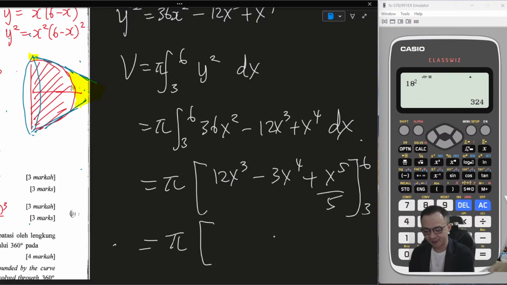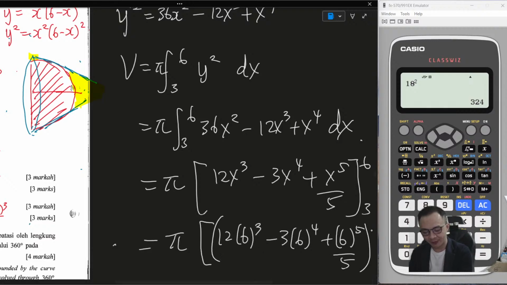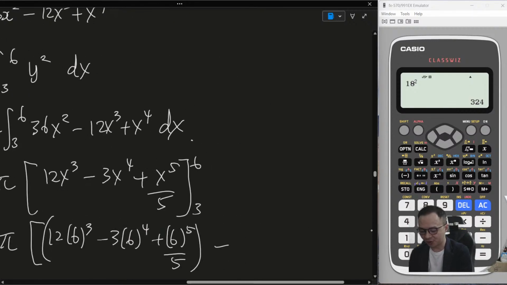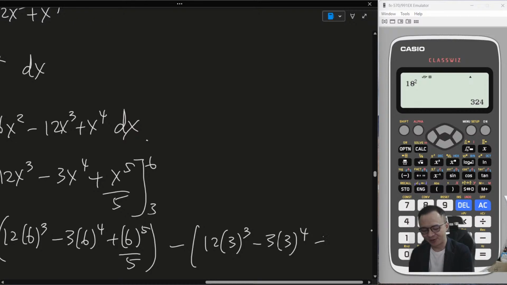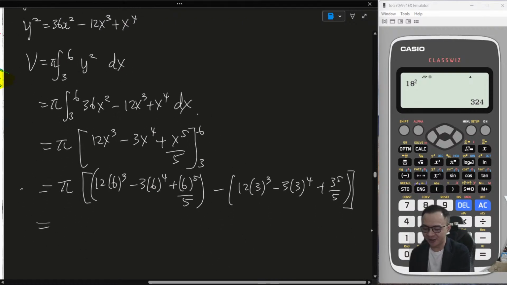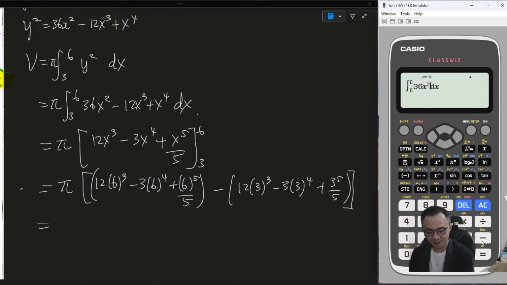You just sub in yourself. 36 times 6 cubed minus 3 times 6 to the 4 plus 6 to the 5 over 5. Then do the same thing for 3: 12 times 3 cubed minus 3 times 3 to the 4 plus 3 to the power 5 over 5. Okay, after you write all this, I will just type everything in my calculator.